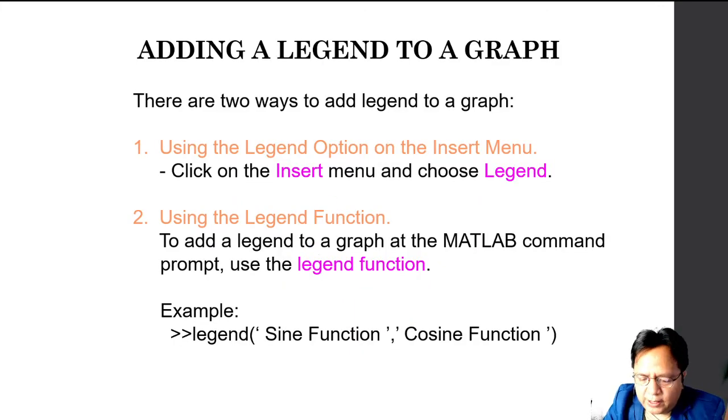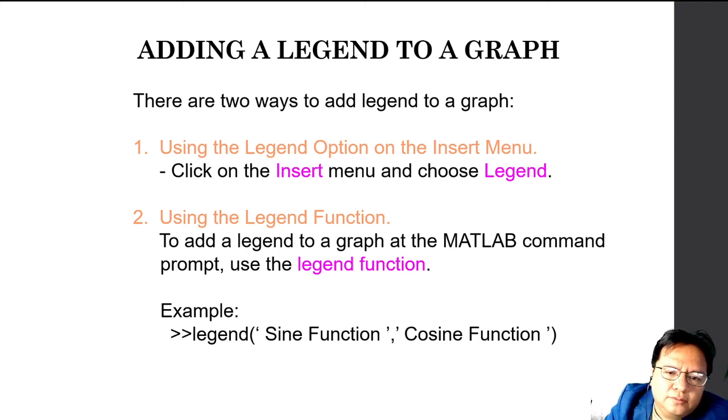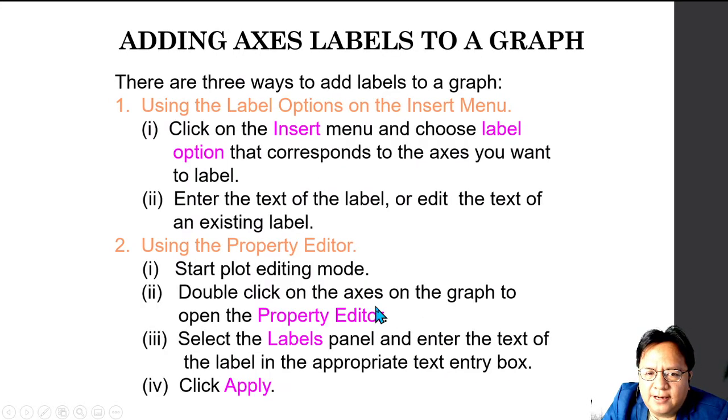Now if we want to add a legend, the command would be legend and then sine function for the first graph and then cosine function for the second graph.